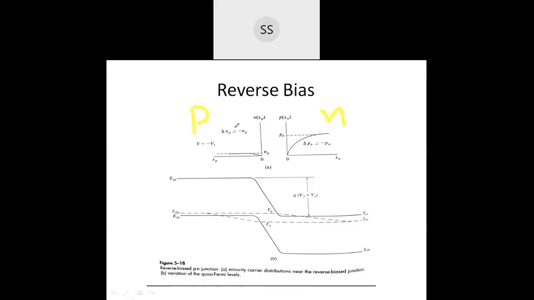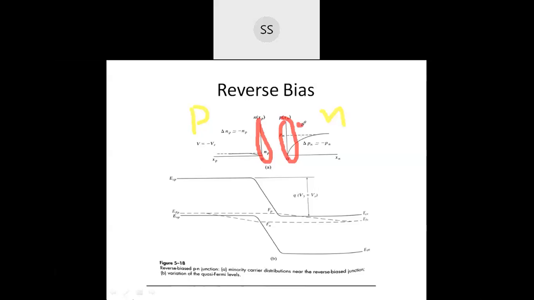Now, this is the edge. I am talking about this edge. So this is the edge of the P region, and this is the edge of the N region. So when the holes are swept across the junction to the P side, so where are the holes here?